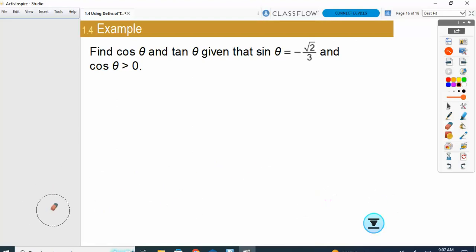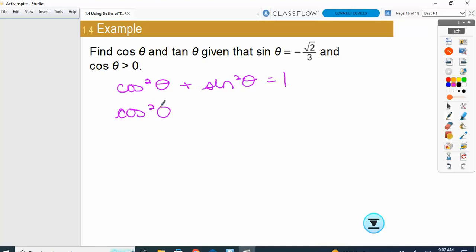So if I have sine, and I need cosine, we could use the identity cosine squared theta plus sine squared theta equals 1. Okay, if you just want to solve an algebra problem. We don't know cosine. Sine is negative radical 2 over 3.